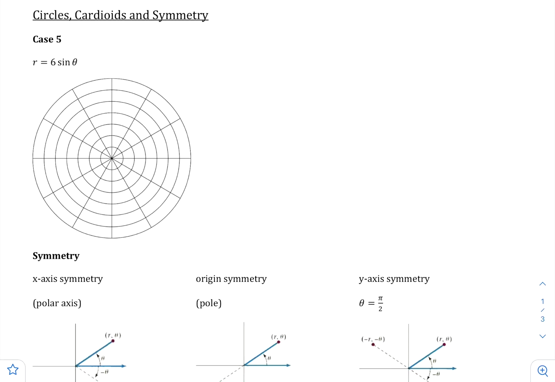So now that we saw how to graph the 4 basic polar graphs, we're going to graph a little bit more intricate equations. The first thing we're going to graph, which is going to be case 5, and I'll describe what it is after, is r equals 6 sine theta. This is different than case 4, because in case 4 it would have been 6 is equal to r sine theta, and here r is equal to 6 sine theta.